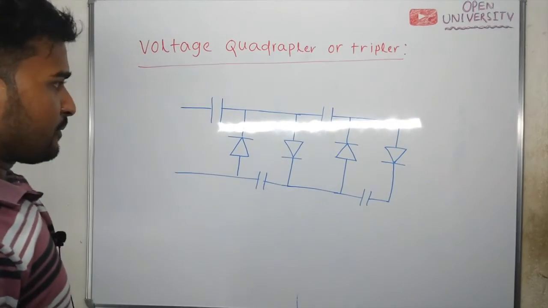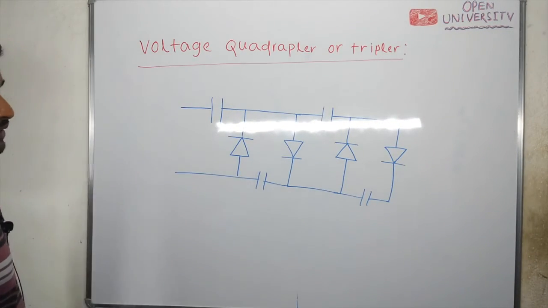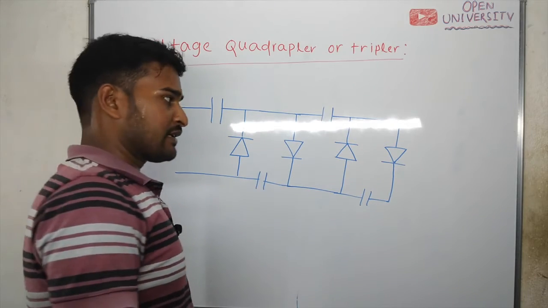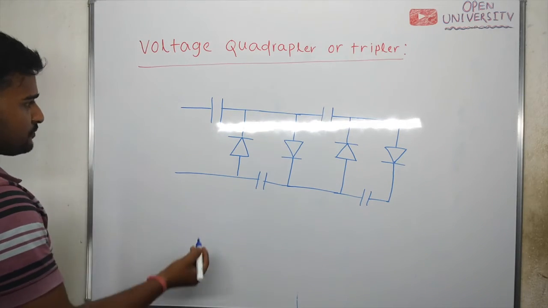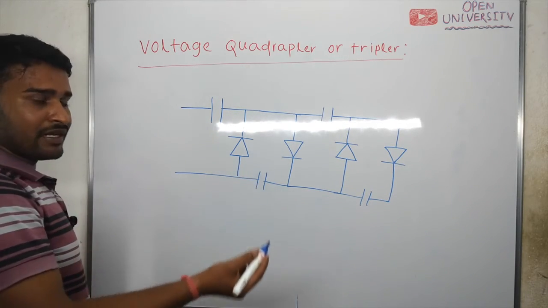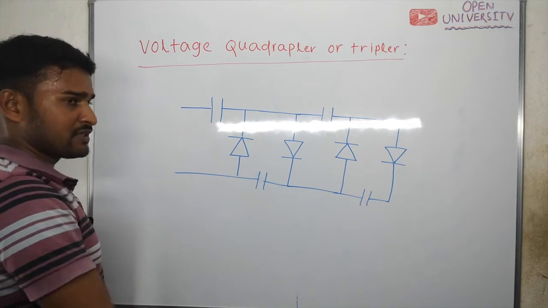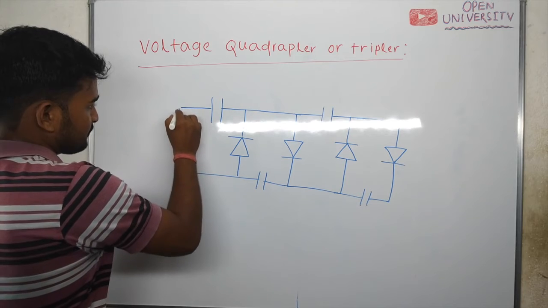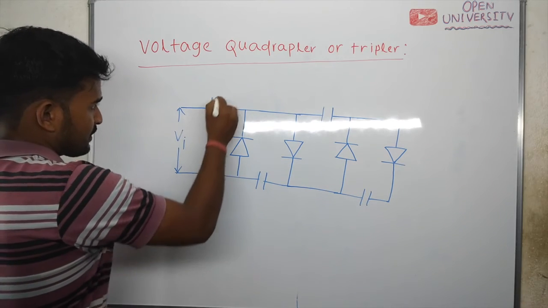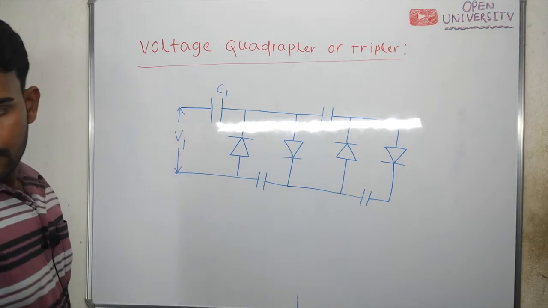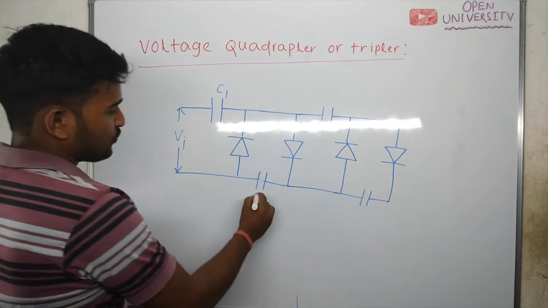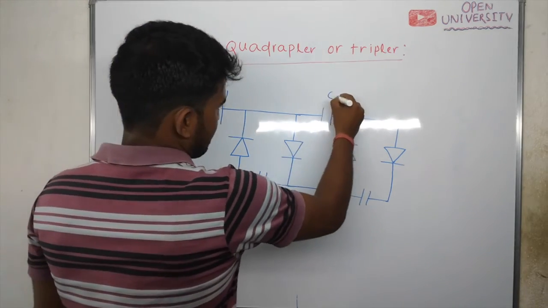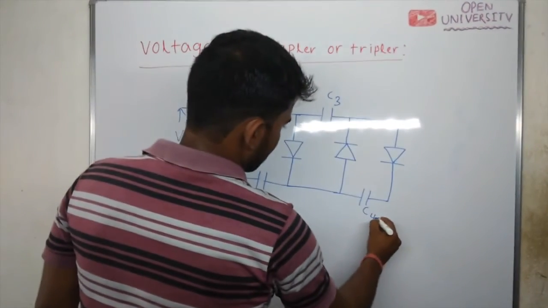This is the circuit of a voltage tripler as well as a voltage quadrupler. This circuit will work like a voltage tripler as well as voltage quadrupler. This is your input voltage VA. This is C1 and this is C2. This is C3 and this is C4.